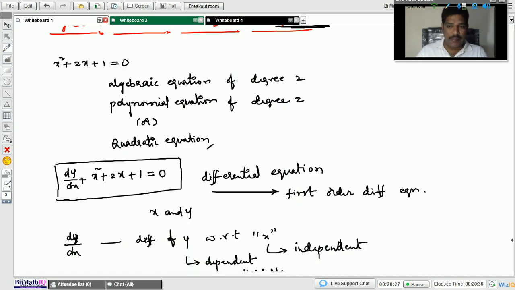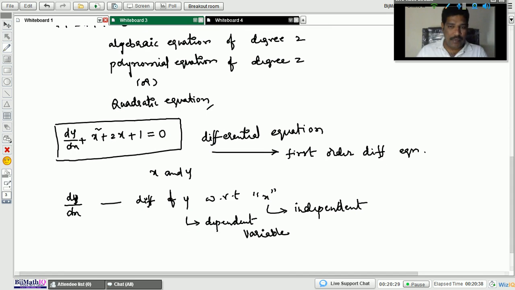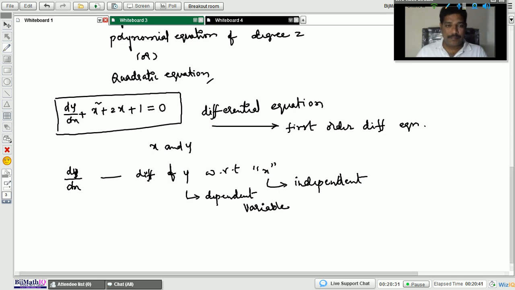We just discussed that the x variable is the independent variable and y is the dependent variable. So here we need to find the relation between x and y. That is our required solution. Once again, the solution means we need to find the relation between independent and dependent variables which satisfies our given differential equation.